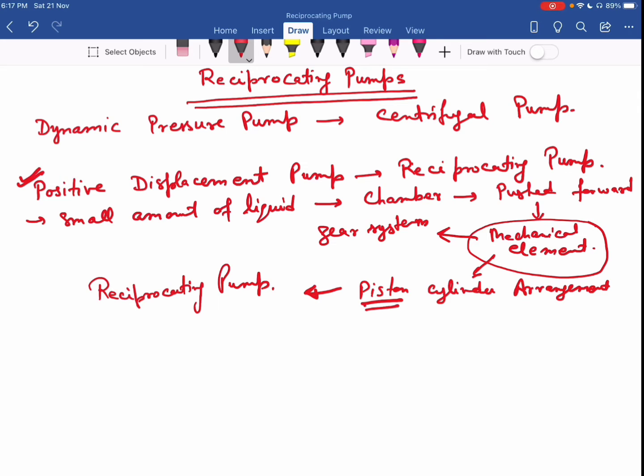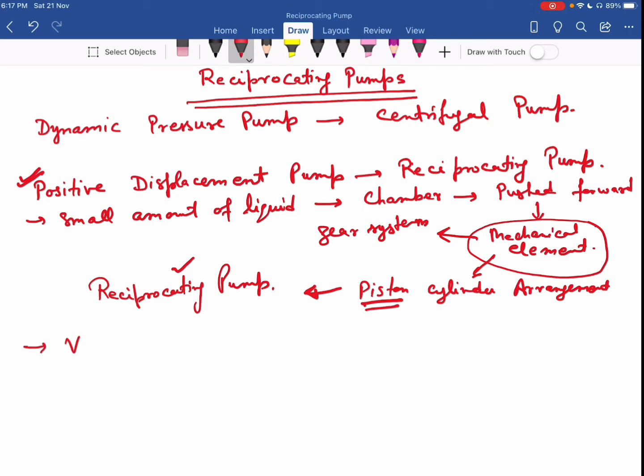Here the chamber is alternately filled with liquid, and that liquid is pumped out with the force of the piston, and again the chamber is filled, and again the liquid is pushed out with the help of the piston. This cycle goes on, and such a pump we call the reciprocating pump. The volume of liquid pushed depends upon the speed with which the chamber is filled and emptied.